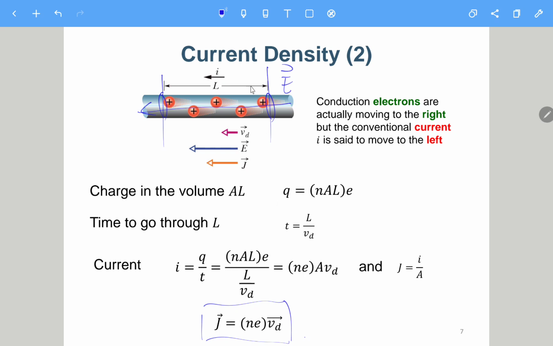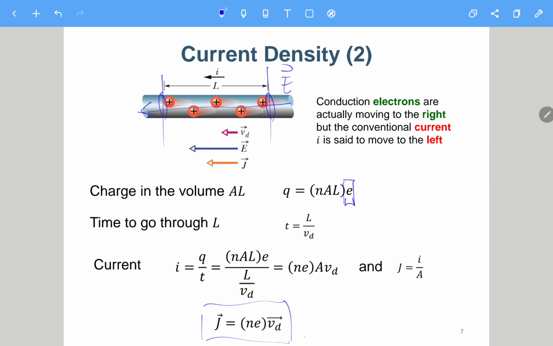Q is the charge within this volume, and this e is the elementary charge, like a positive electron. Of course, a positron really exists, but not for that case. At least we assume that the moving particles are like a positive electron.